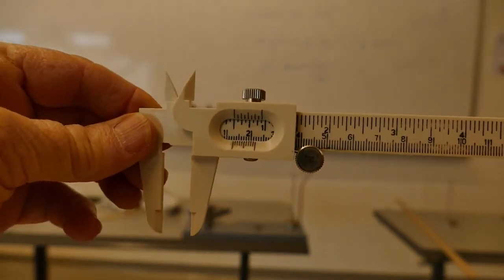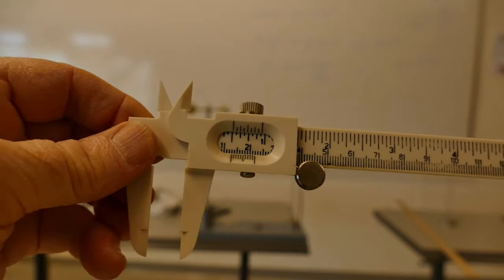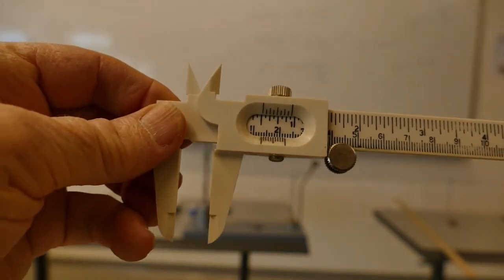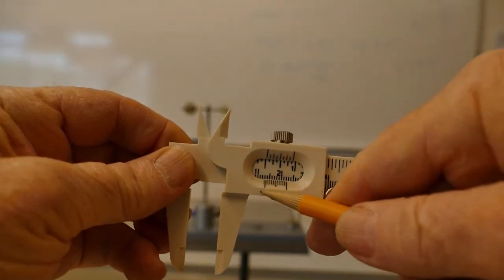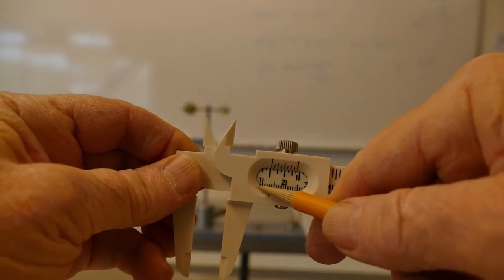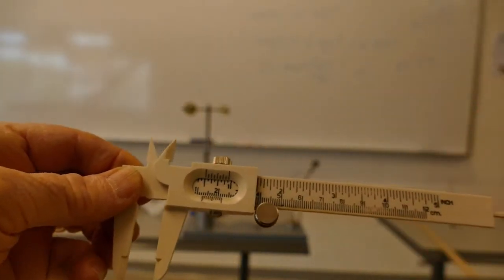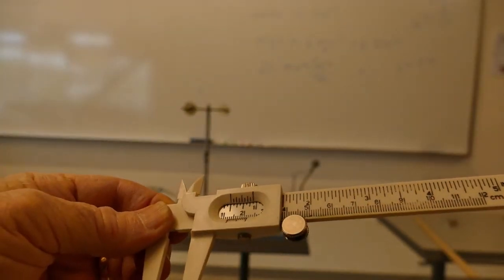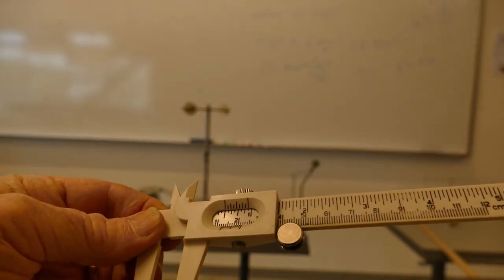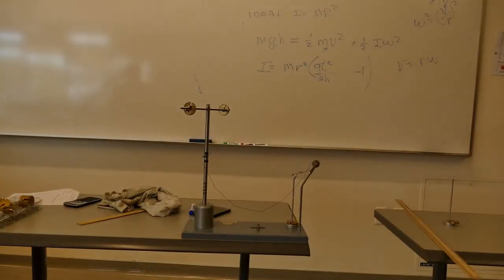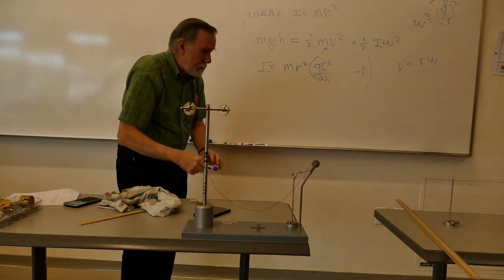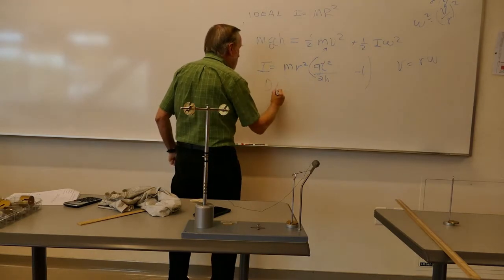I don't know how sharp this is for you, but it looks like our pointer is pointing between 1 and 2. Looks like 1.3. I'm going to have to look at this closely. No, it's about 1.29. Yes, 1.29 centimeters. That's the diameter.